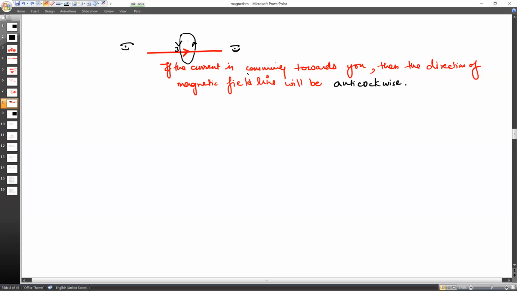Got it? So depending on the side that you are watching, in simple words, if the current is coming towards you, then it will be considered as anti-clockwise direction.